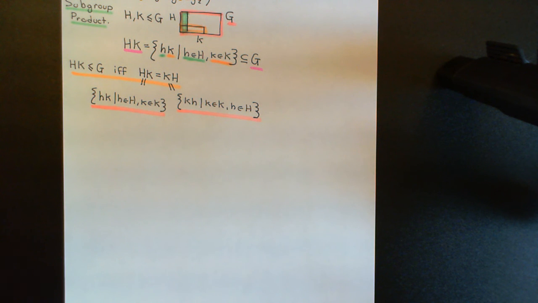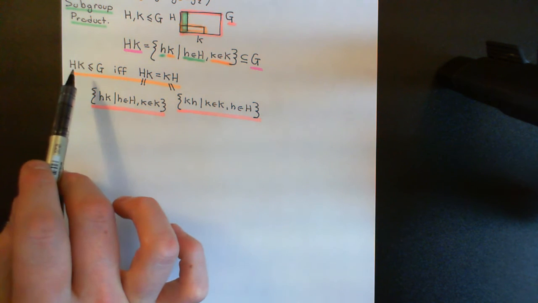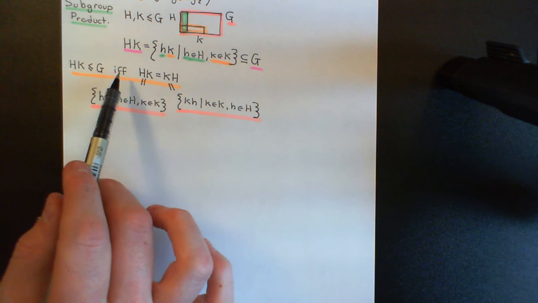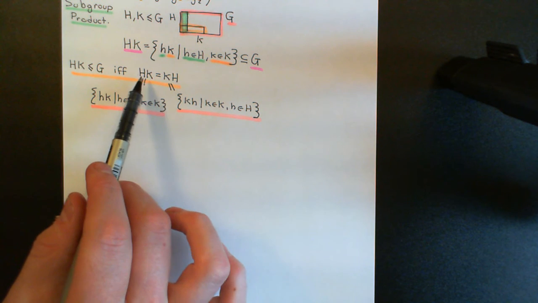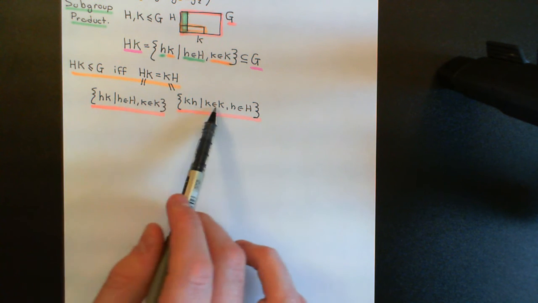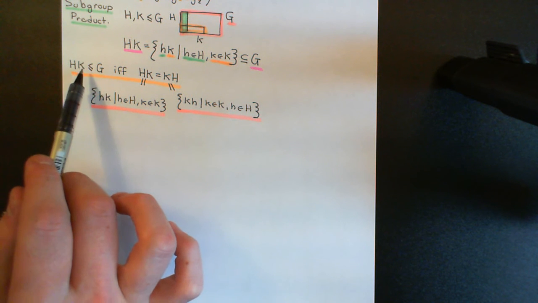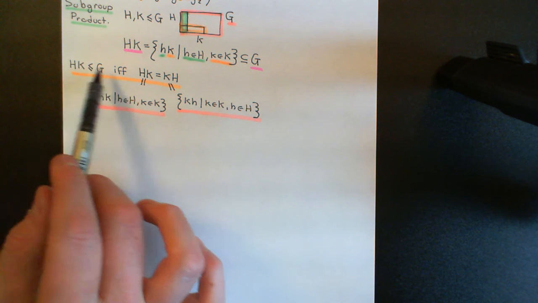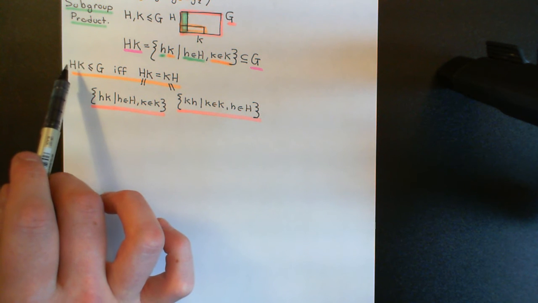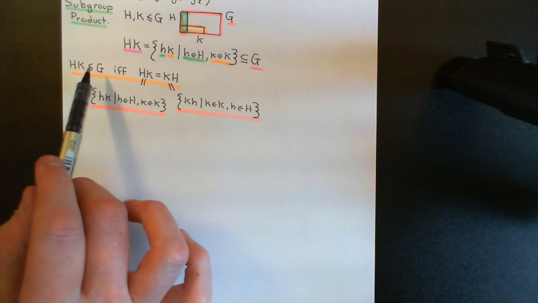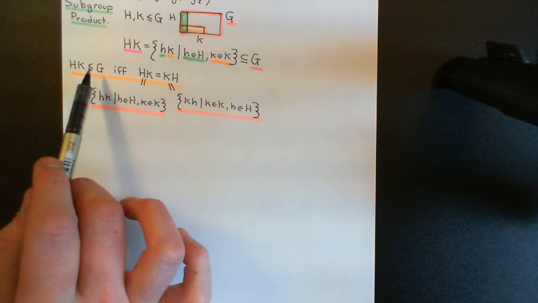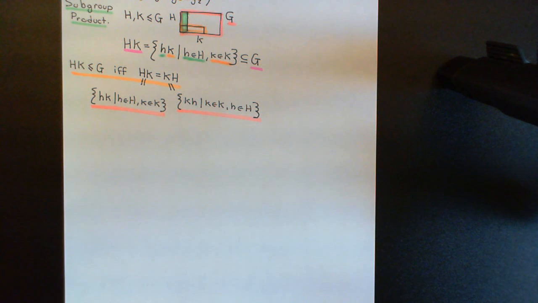However, what we do prove in the video on the product of two subgroups is that the product HK being a subgroup of G occurs if and only if these two subsets are the same thing. So if these two subsets are the same thing, it implies that the product, either way round you can have it, but we've got it this way round, H with K, is going to be a subgroup of capital G. And the only way for this to be a subgroup of capital G is if this is true.